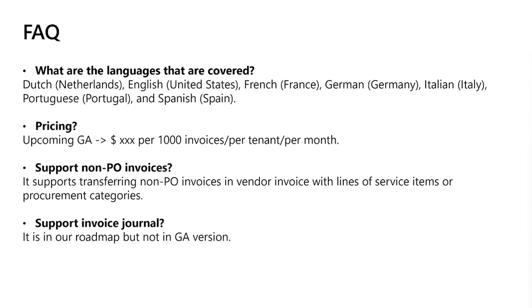So maybe the customer will ask whether we support the invoice journal. The invoice journal is always on our roadmap, but due to technical complexity and capacity reasons, it's mostly not available in the GA version. But we will continue working on that.